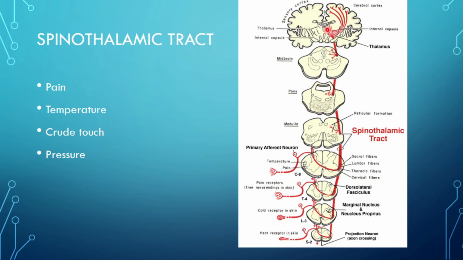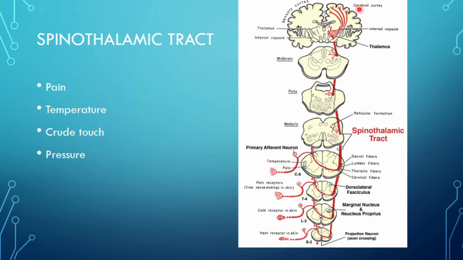What's going to happen in the thalamus? There's going to be a synapse. So the second order neuron synapses with the third order neuron. The third order neuron then enters back into the posterior limb of the internal capsule and then runs up to the hand area of your cerebral cortex.